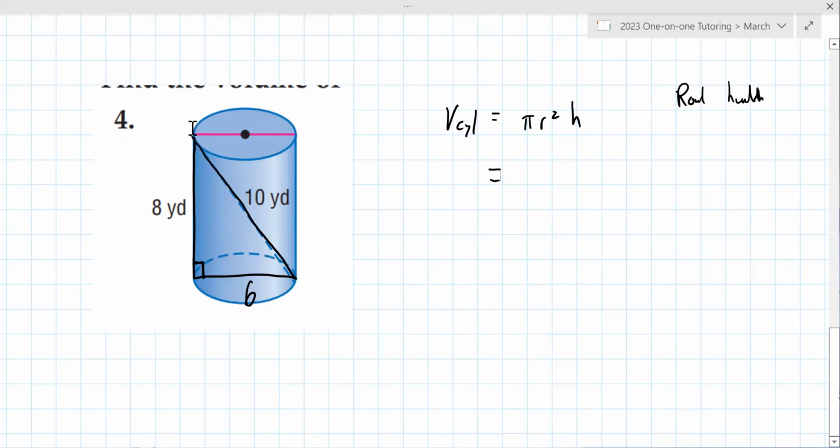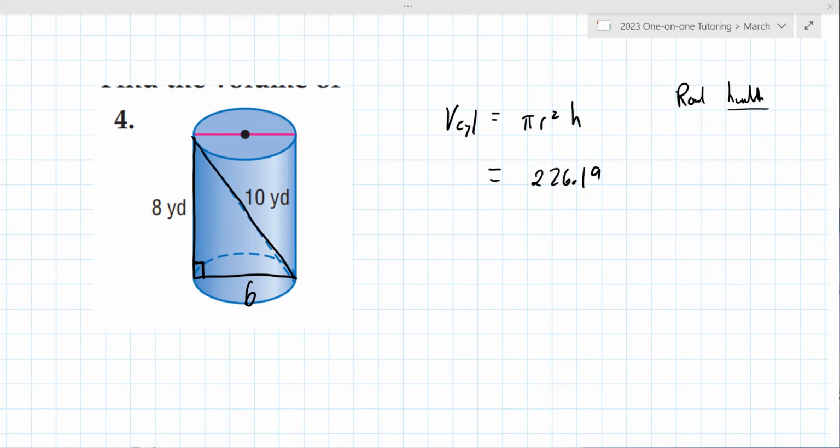Oh, okay. Sorry. 9 times pi times 8, and that would be 226.2. Hundredth. Here's hundredth. 0.19. Yes. So there are grading systems that do require you to be that close to the answer.